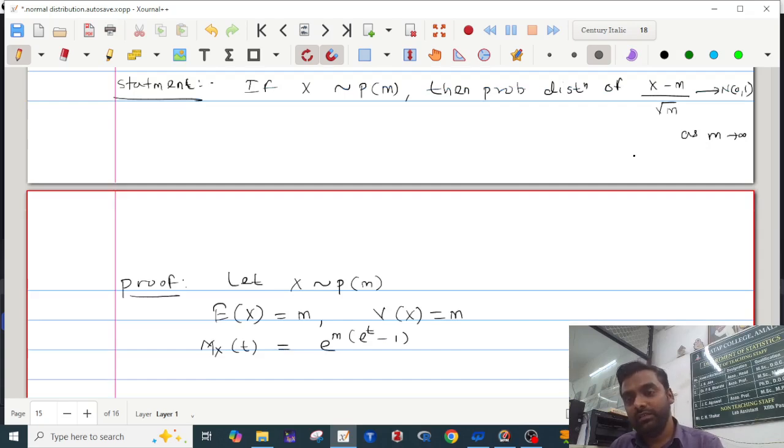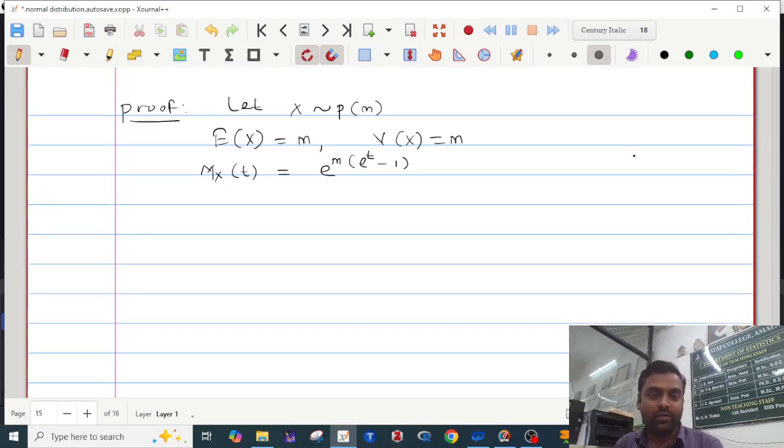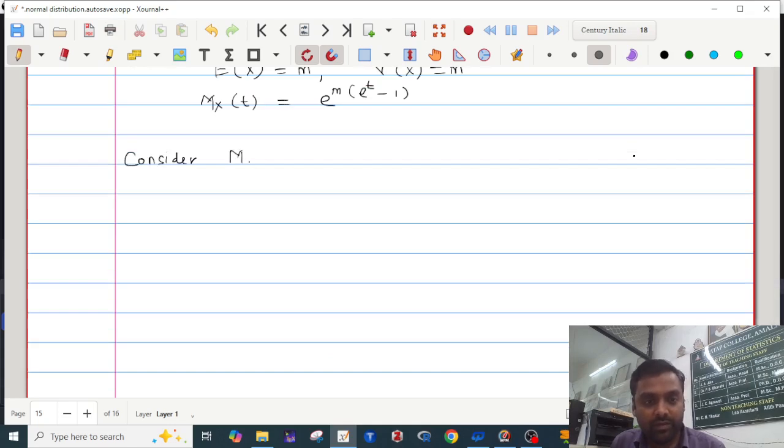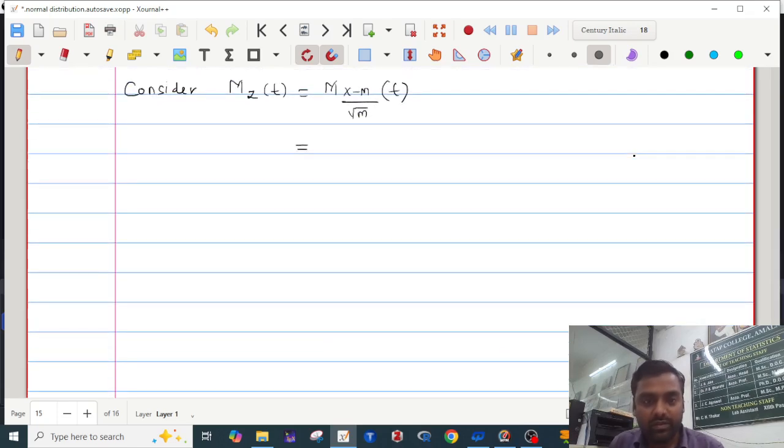So we will obtain the MGF of (X minus m) upon root m. Consider the MGF of, we call this Z, equal to the MGF of 1 upon root m into (X minus m).